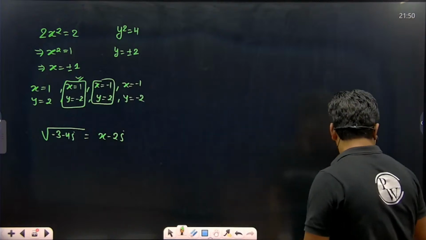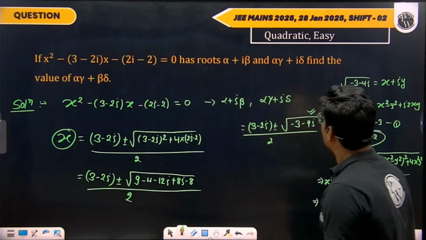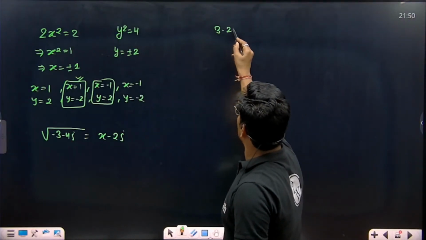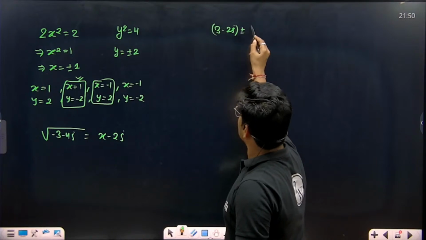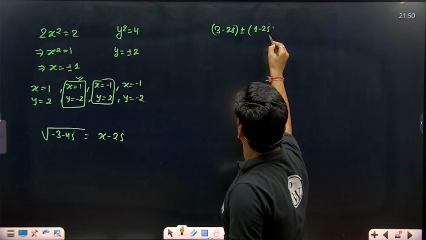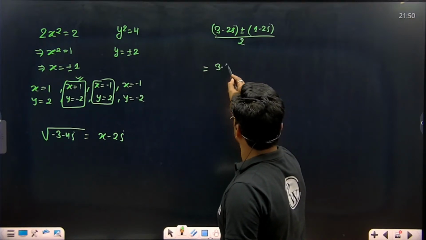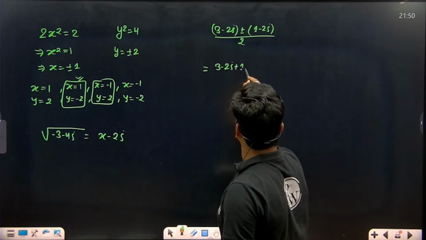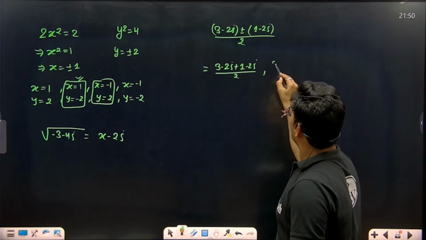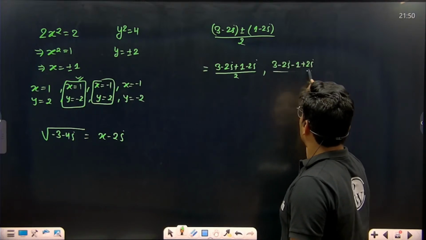Now we will go with the value of x. There are two values. The first one is 3 minus 2 iota plus 1 minus 2 iota by 2, and the second is 3 minus 2 iota minus 1 plus 2 iota by 2.